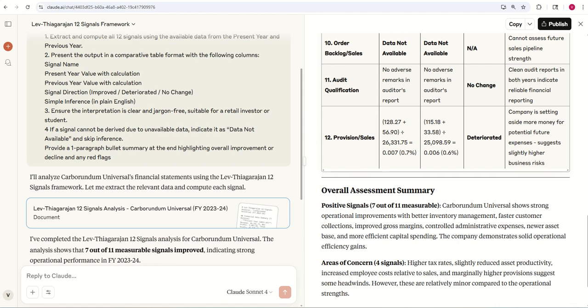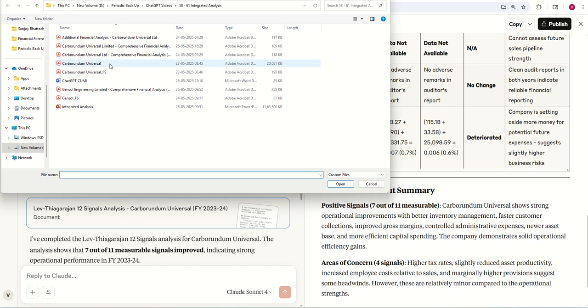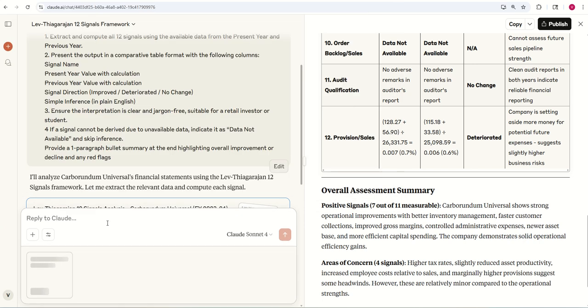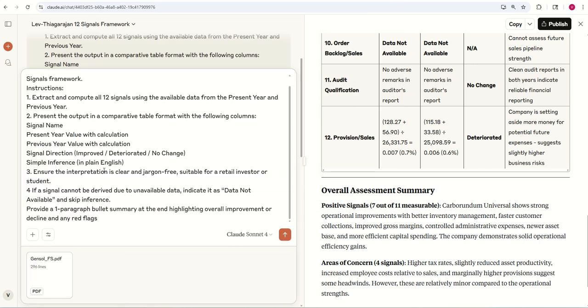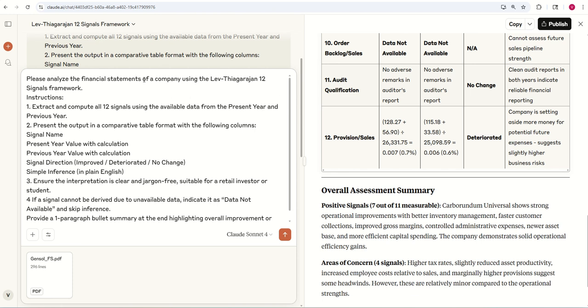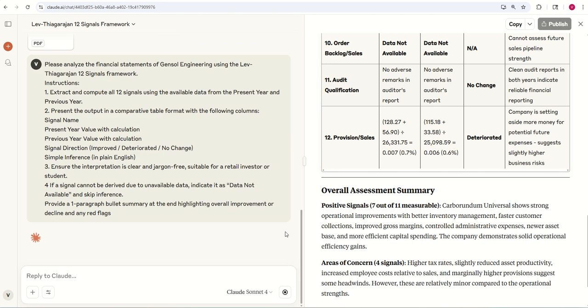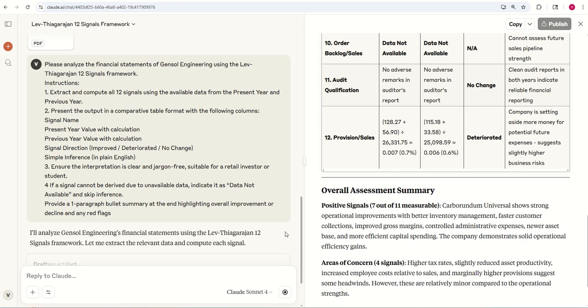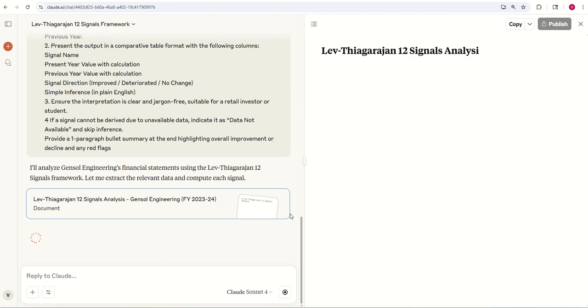Now we'll repeat the same for Gensol Engineering, using the Gensol financial statements. These are two extreme cases, basically, which we are discussing.